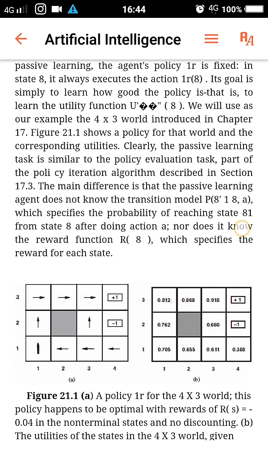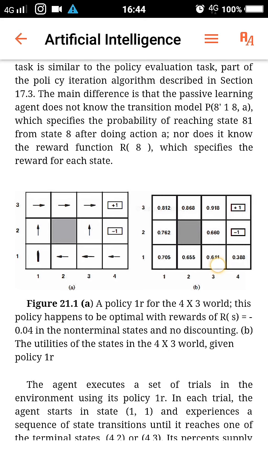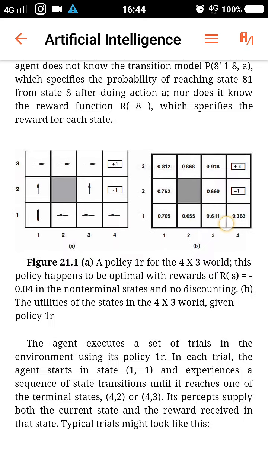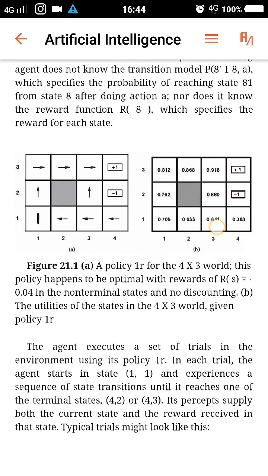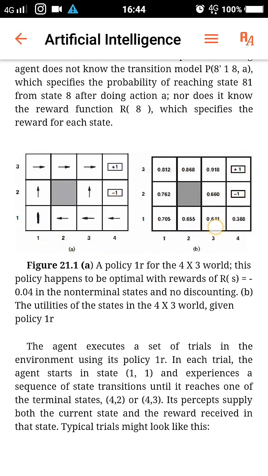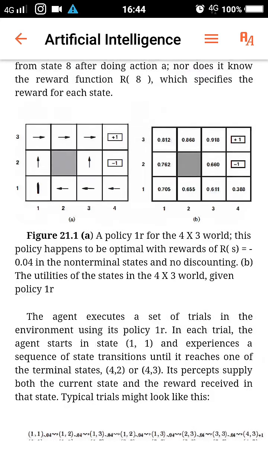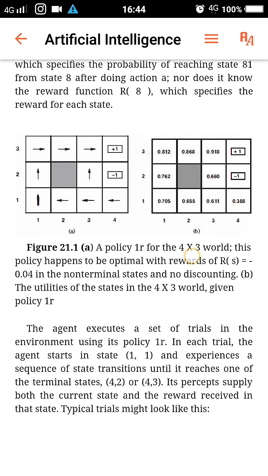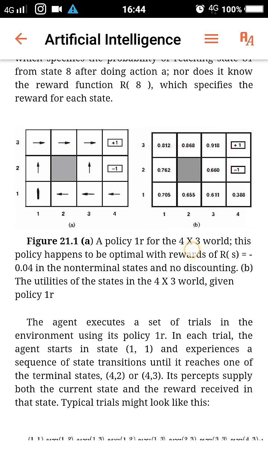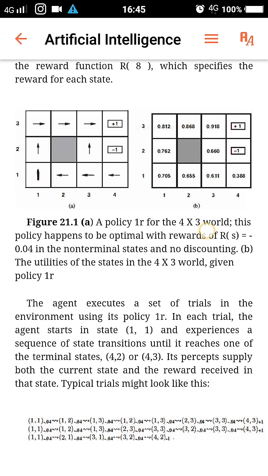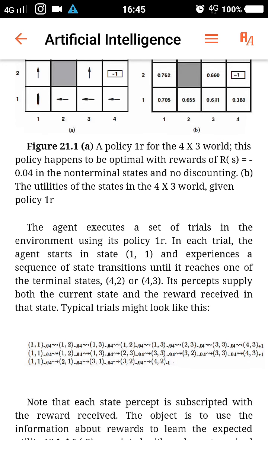The main difference is that the passive learning agent does not know the transition model P(s'|s,a), which specifies the probability of reaching state s' from state s after doing action a, nor does it know the reward function R(s), which specifies the reward for each state.